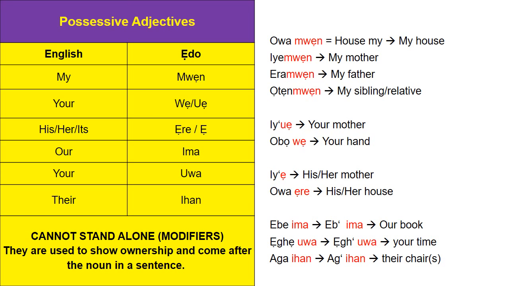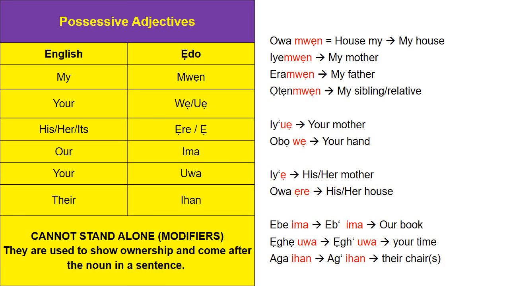Then we have Ije, which is his or her mother, but we don't say Ije. It's just an unwritten rule. I'm a native speaker, and I can explain a lot of things because I've taken my time to study the language, but there are some things like this, Ije.